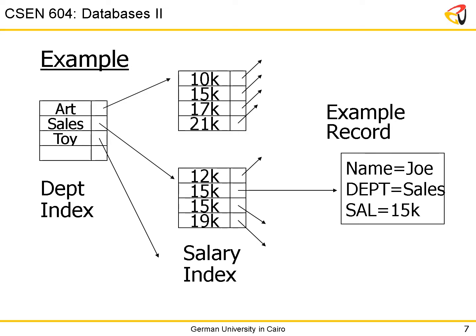Let's say also you got a query that goes select star from where department equal to art, and there is no specification for salary. Now this type of query actually is called a partial query. A partial query is a query that is fired against a multidimensional index, but it does not have values for all the dimensions used to create the index, like select star from where department equal to art.